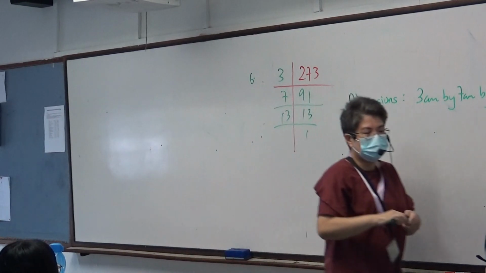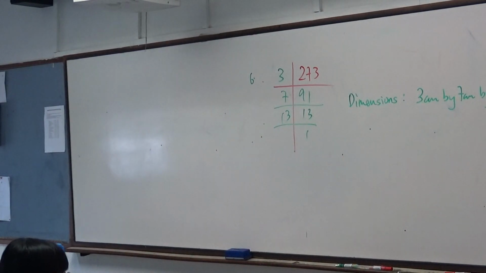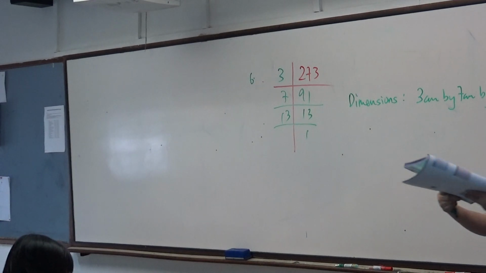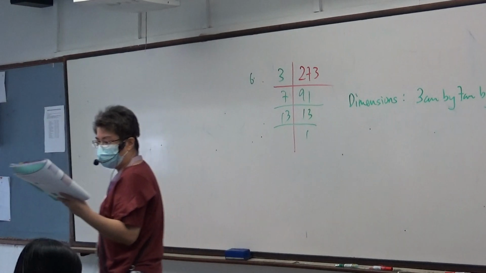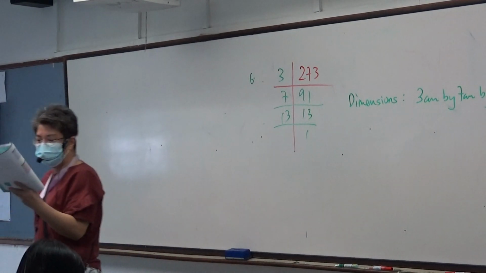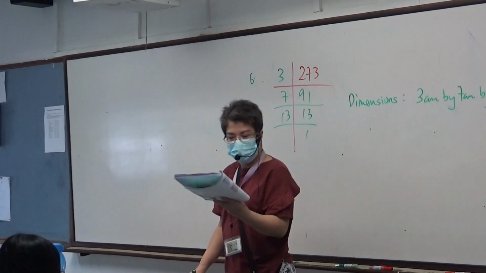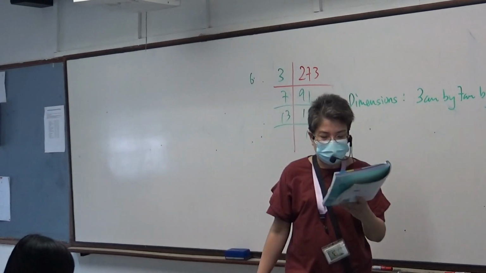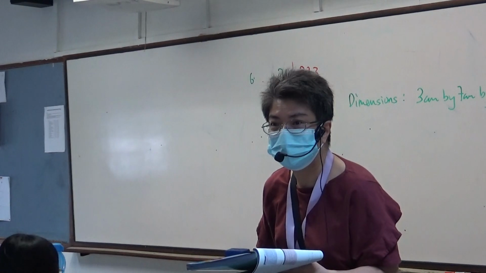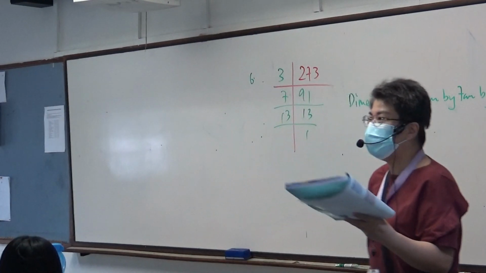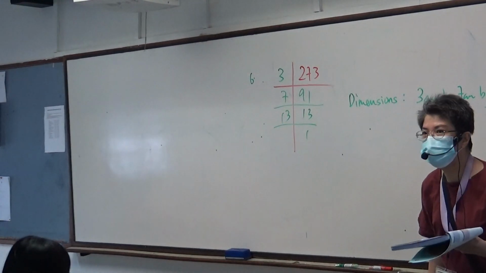Okay. Can all of you look at question number 9? Find the prime factorization of each of the following numbers, leaving your answer in index notation. Now I want you to compare question 4 and question 9. Can you see that the question is exactly the same? What about number 9? What happens to the numbers? Much bigger.